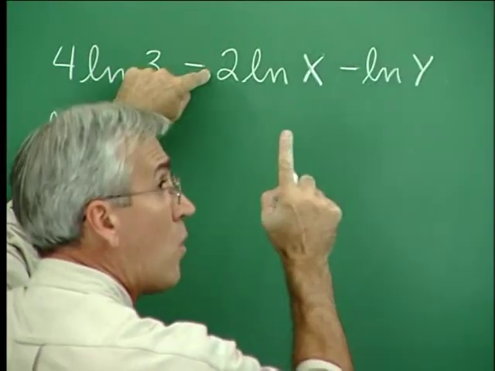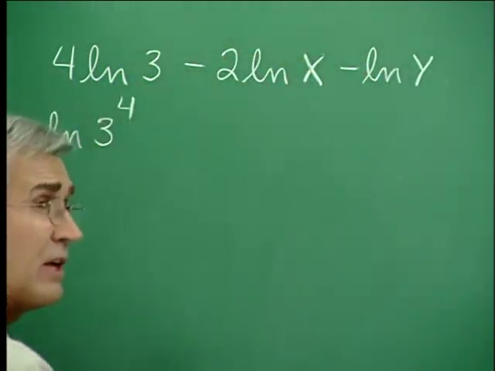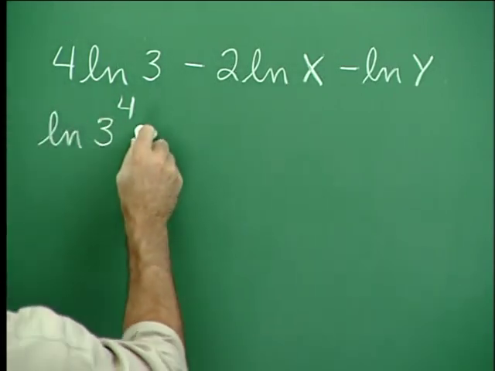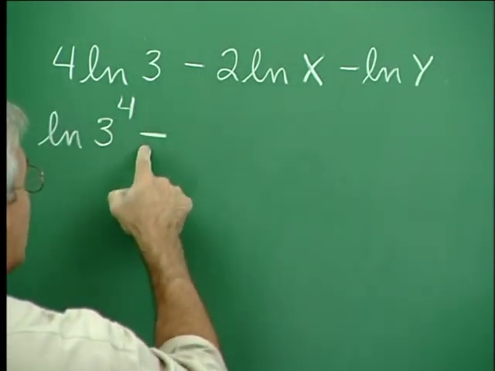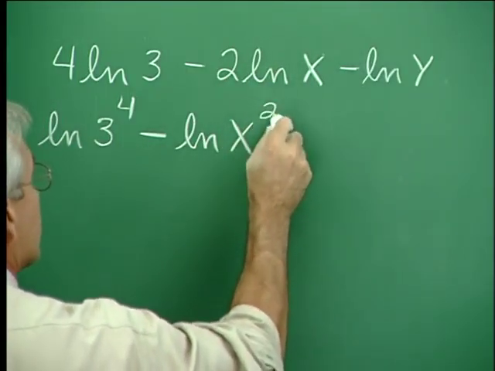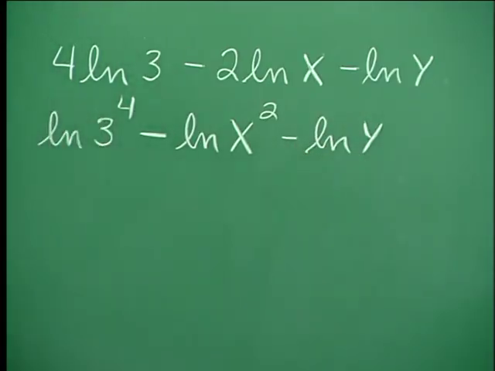But what you don't want to do is put -2 up there and leave that as a negative. Then you're changing the problem. Either of those techniques works. I kind of like the idea of just leaving the minus sign here and putting the 2 up there. So we'd have this. Now we begin to bring things together.